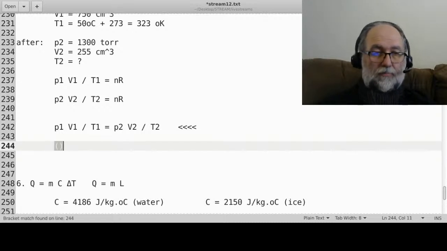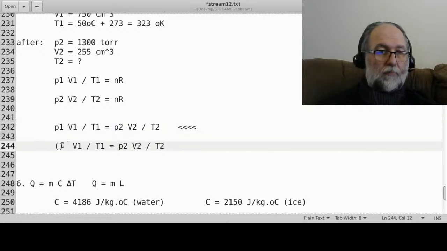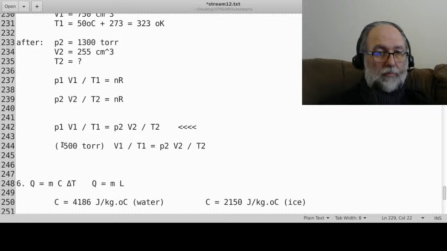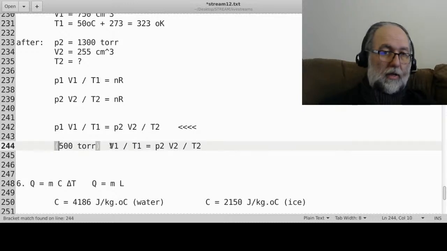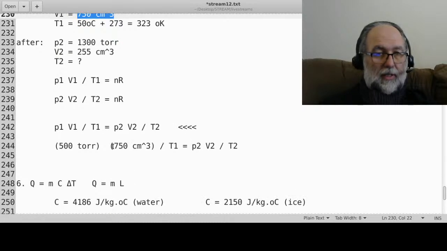Now, the reason you didn't have to convert to MKS is because of what happens when we start plugging in. For P1, what are we going to put in? Well, P1, 500 torr. V1, 750 cubic centimeters.